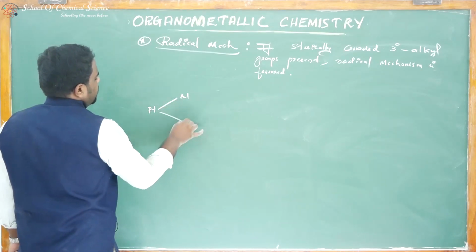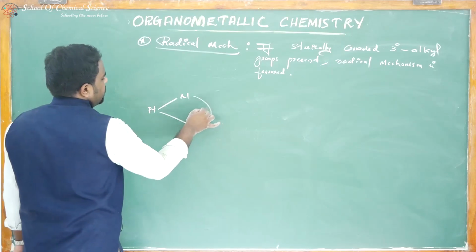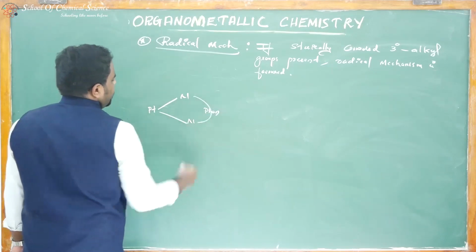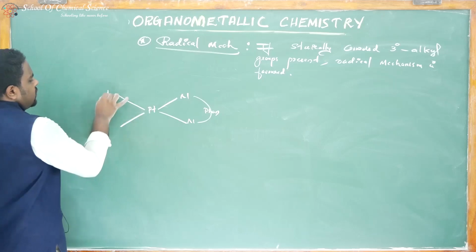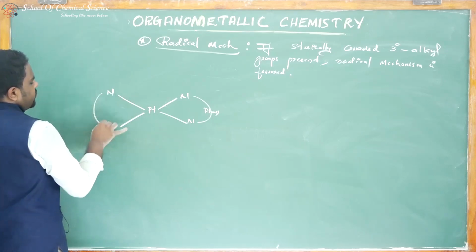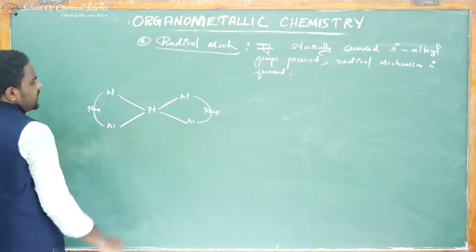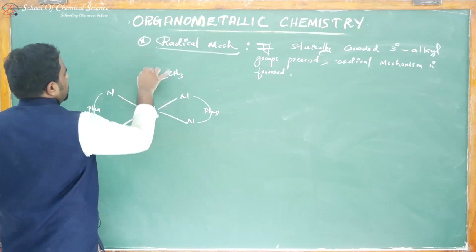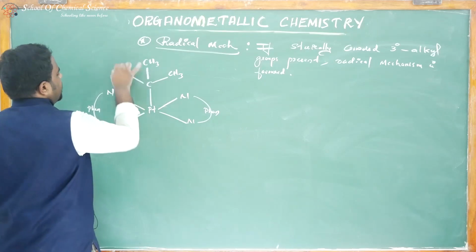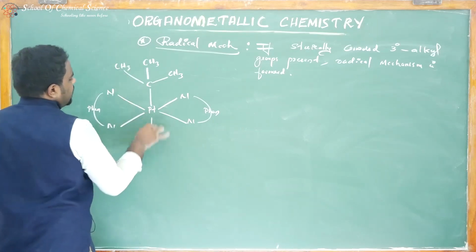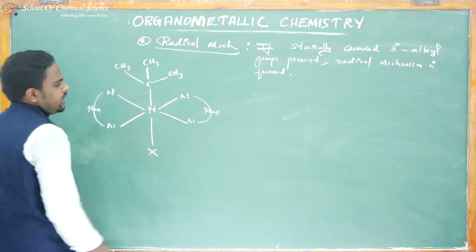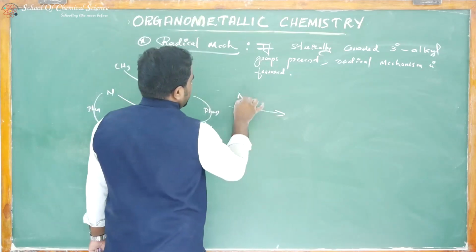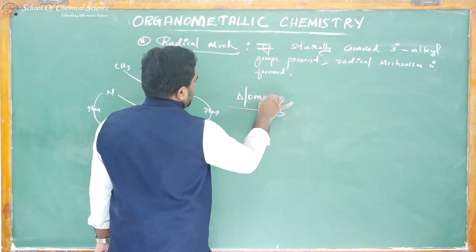For example, Pt with a phenanthrene ligand, and here a carbon with three methyl groups, and here an X ligand is there, heating in the presence of DMSO.